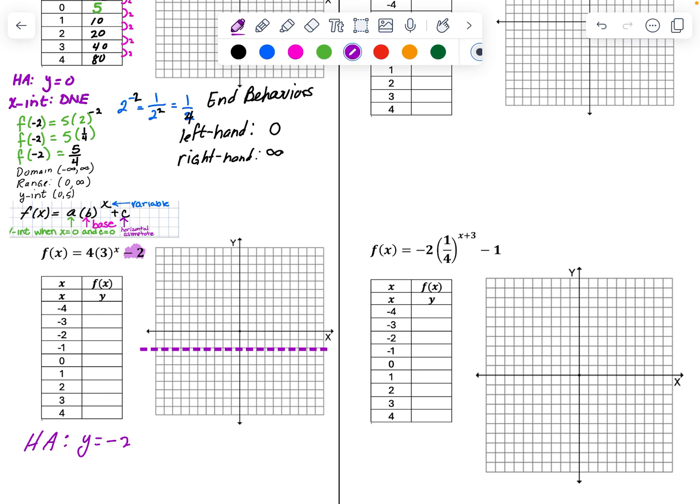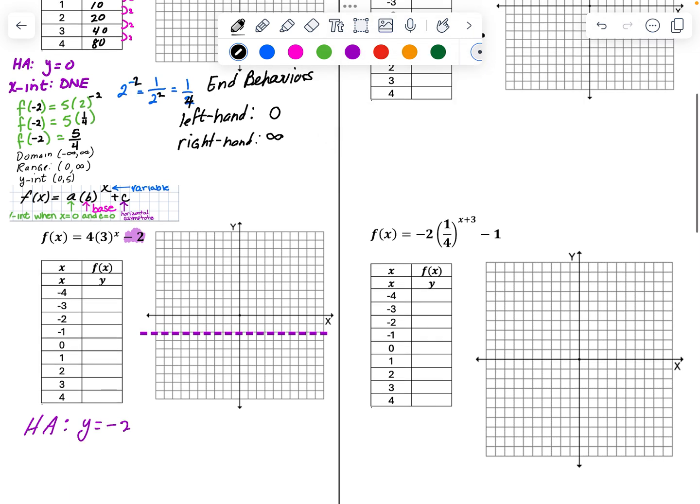So now that I know that, let x be 0. I think I would like smaller. So let's do the problem letting x equal 0. So if we let x equal 0, that's 4 times 3 to the power of 0 minus 2.